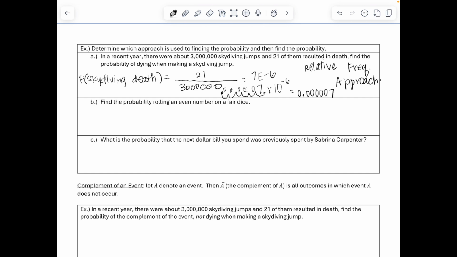The next part, part B, says find the probability of rolling an even number on a fair dice. So for this, there are no numbers given to us, and also the likelihood of it landing on any of those numbers is equal, so we have equally likely outcomes. And so this is our classical probability approach.